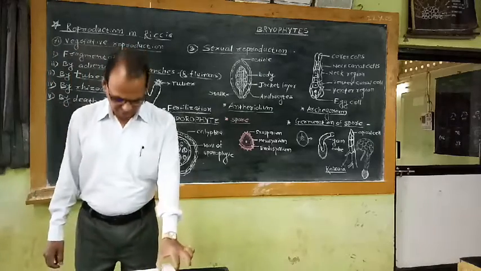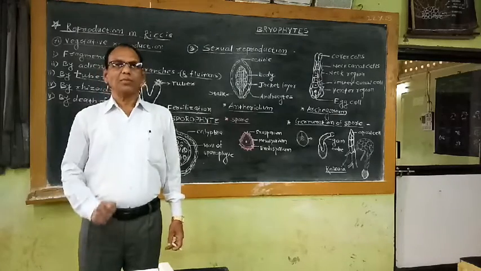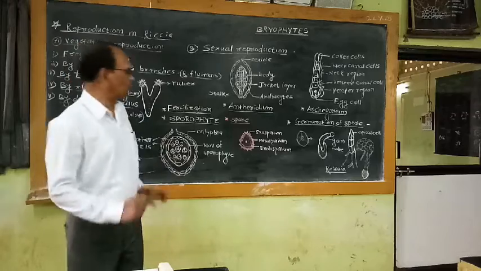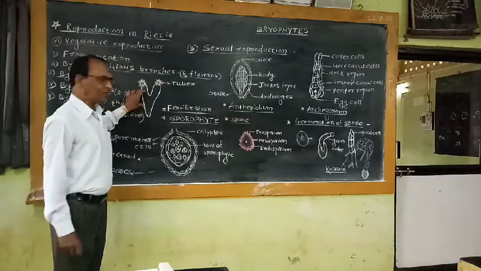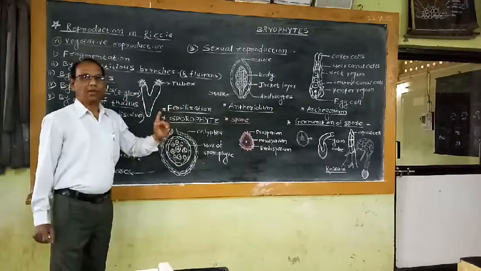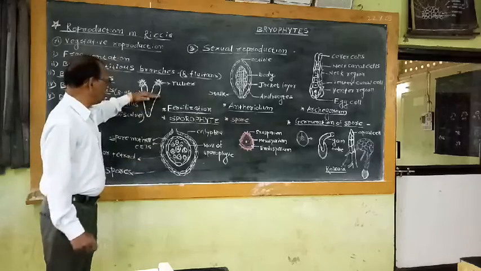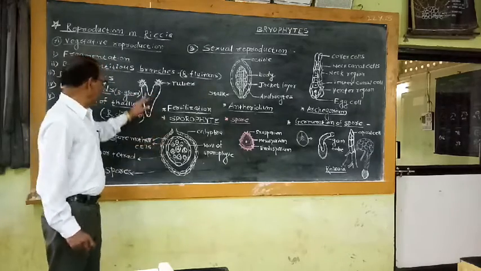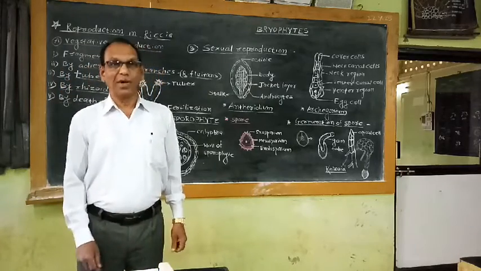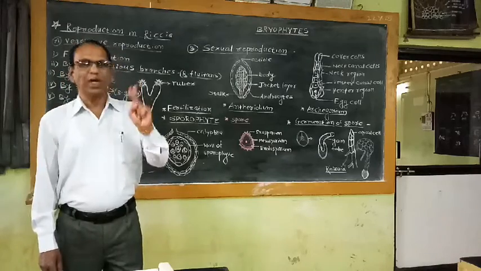During this method, death and decay of the older dichotomous region of the parent thallus takes place. For example, this is the thallus. If this thallus is old and mature, and this portion of the thallus decays, the older portion decays, these two lobes of the thallus get separated, and afterwards they develop into two independent plants.